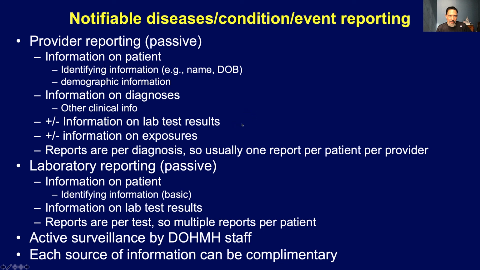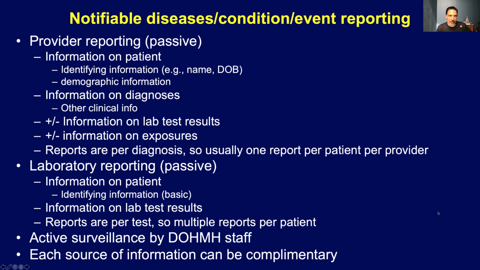They may not be back from the lab by the time the provider is reporting, or there may not be any lab tests. And then you may or may not get information on exposures. That's also something that health departments usually, if they need it for surveillance, end up having to get themselves. And reports are per diagnosis, so usually one report per patient per provider.